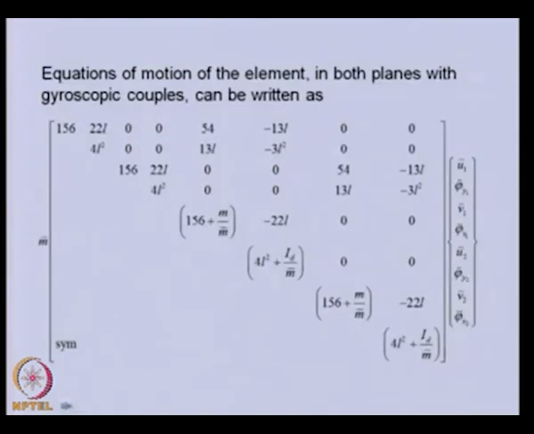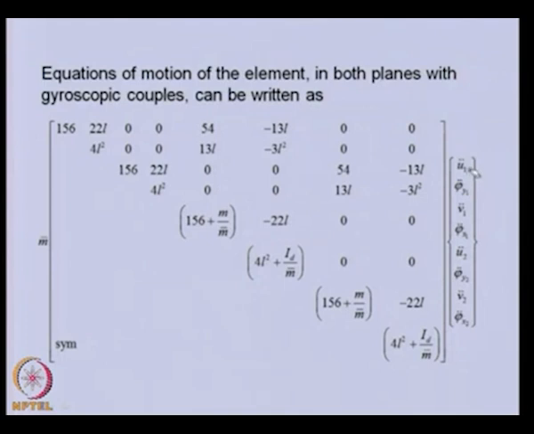So, with this, now we are coupling both plane motions. This is the mass matrix for that. You can see that earlier we developed it for the horizontal plane and vertical plane, but now we have clubbed them.